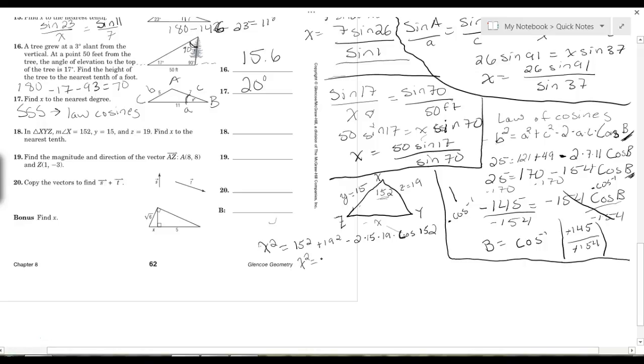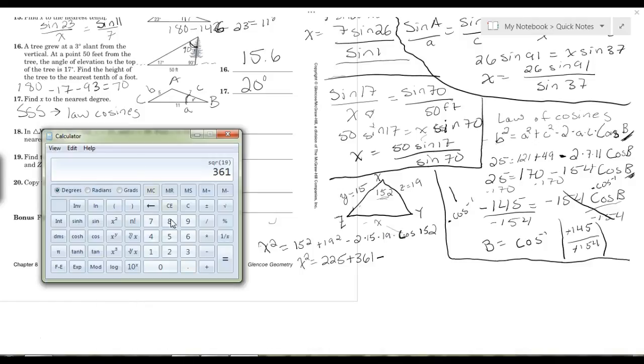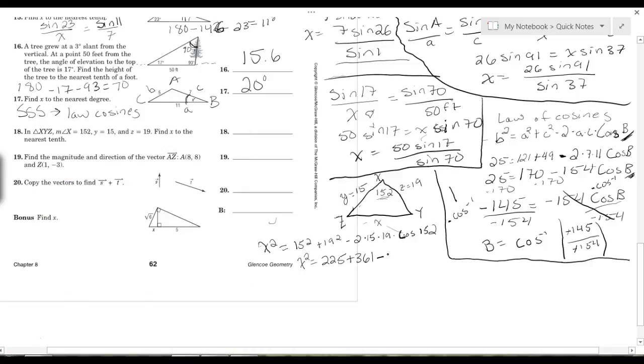X squared equals 225 plus 361 minus, and I'm going to go ahead and do my 2 times 15 times 19. 2 times 15 times 19 equals 570. So it was 570 times cosine of 152. And again, I'm just going to keep on plugging away with my math.